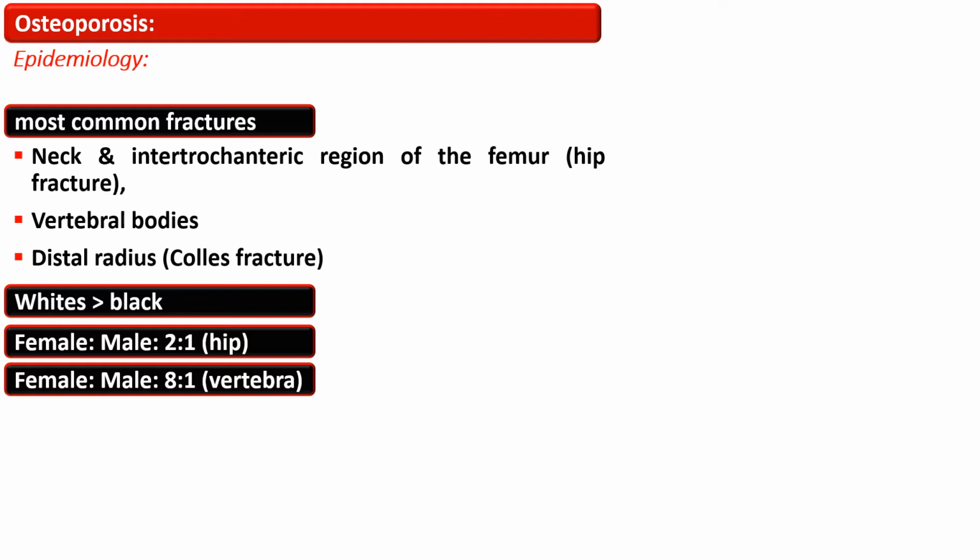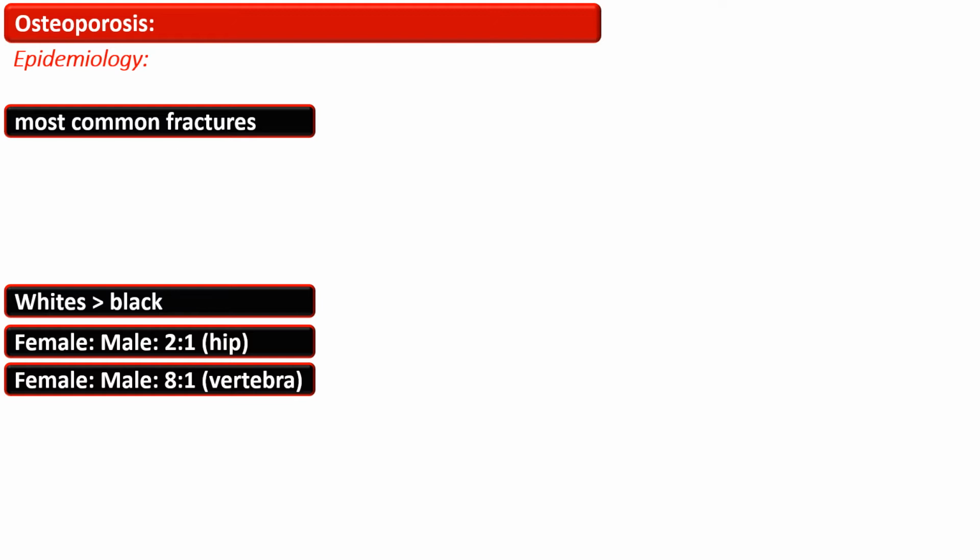Whites are affected more than blacks, and this disease is twice as frequent in females; the female to male ratio is 2:1 for hip fracture, and this ratio increases to 8:1 for vertebral body fracture.